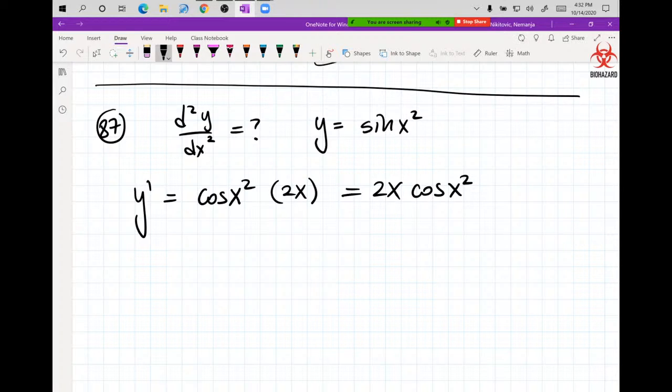Do we all have the first derivative the same? Yeah, that's what I got. Awesome.